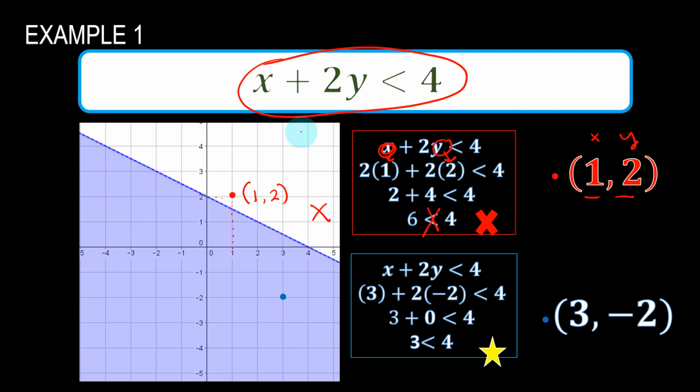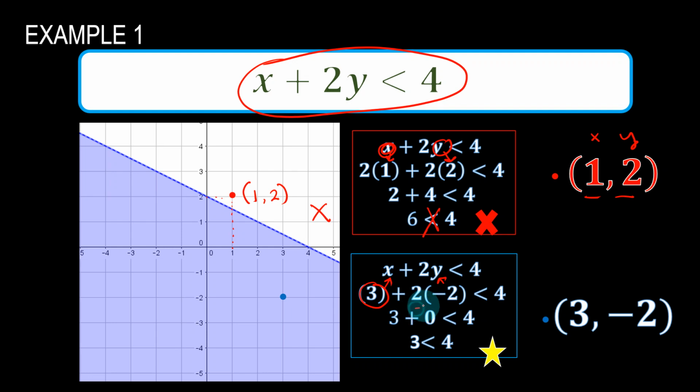Now let's proceed to example number 2. It's not the exact example, but the point number 2 here, we have 3 and negative 2. Similar to the first point, we can write the x plus 2y less than 4. We can rewrite this here, and we have to plug in the x will become 3, the y will become negative 2, and 3 plus 2 times negative 2, this will become negative 4, right?